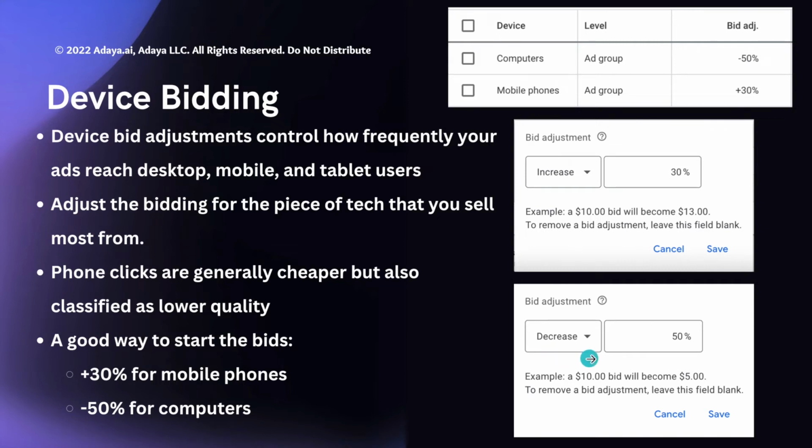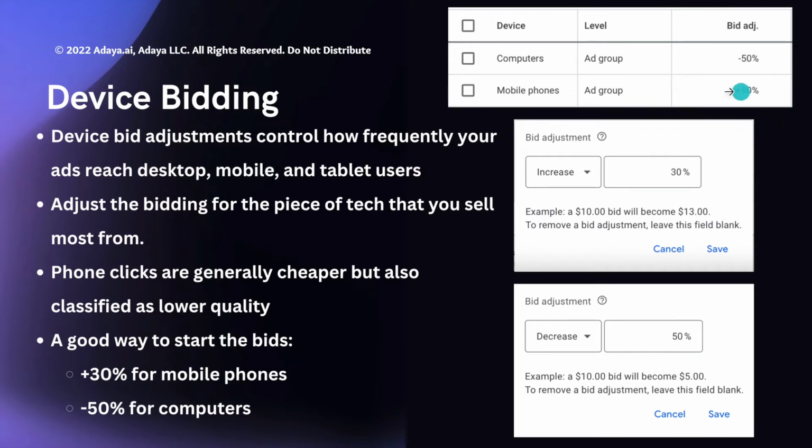If there's a bid out there that's not necessarily $10, but we're able to get it for cheaper, we want to be able to do that through the decrease of 50%. Let's say these are lower quality bids, but we still want to win over that click. We would decrease it by 50%.